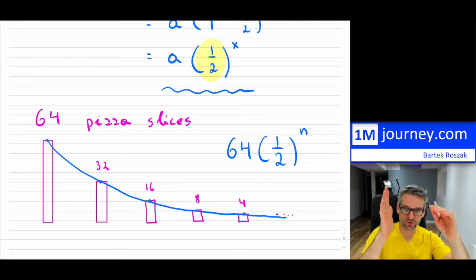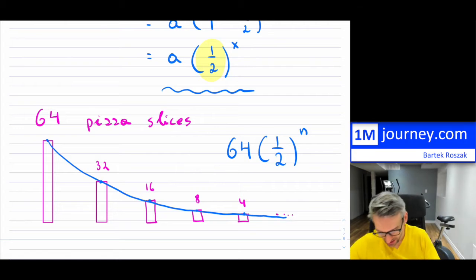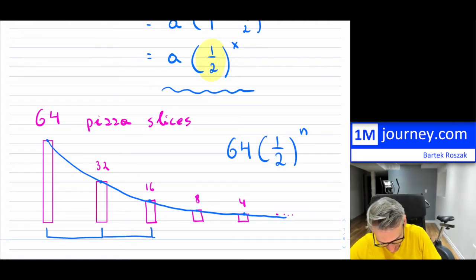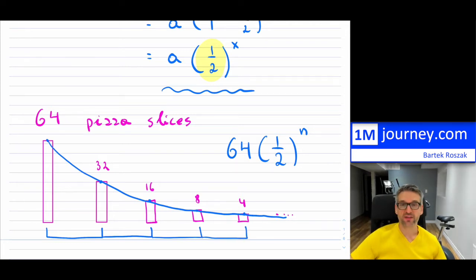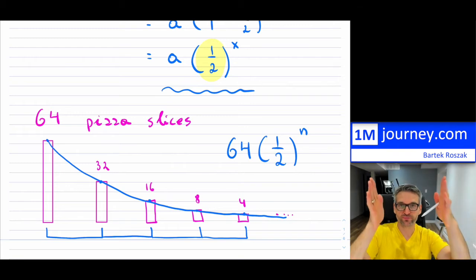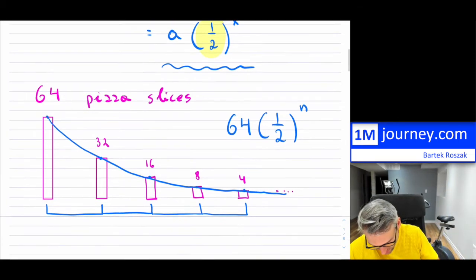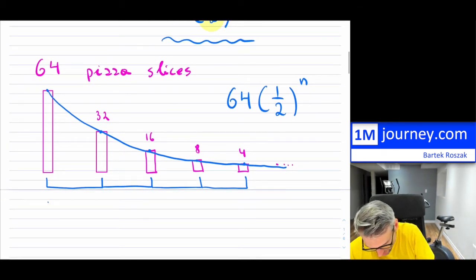And then from 32 to 16, how long does it take to halve that in size? And we're assuming that these time frames are basically identical, that it takes the same amount of time.